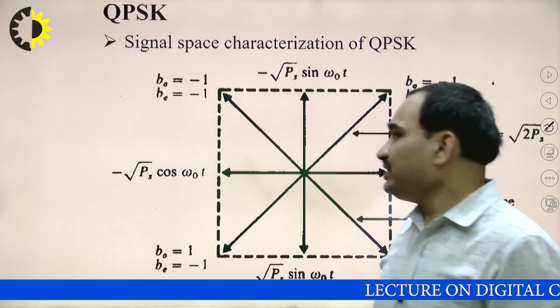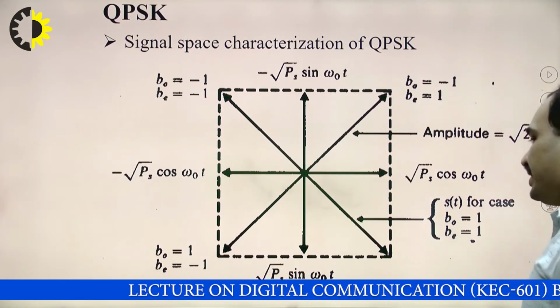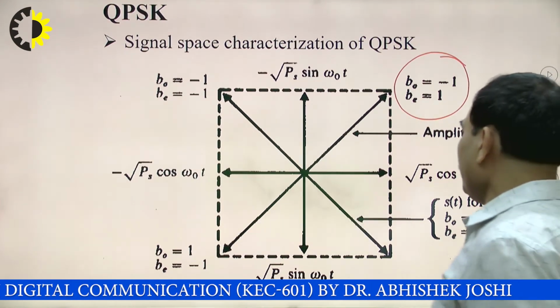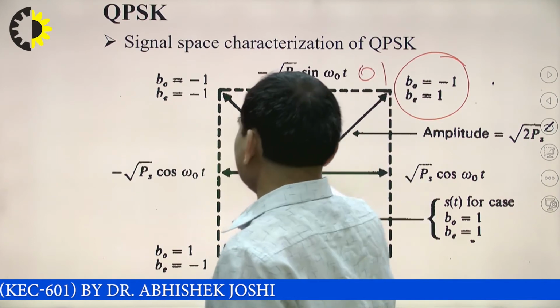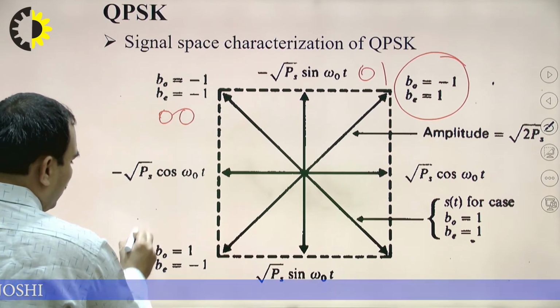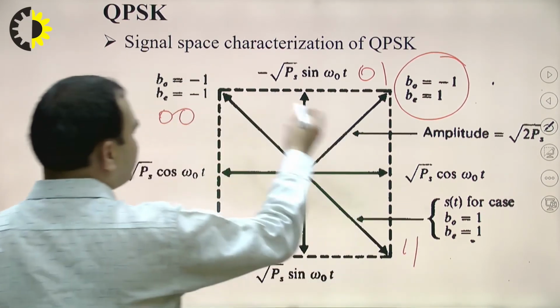So the signal space, the same we have represented in terms of the odd and the even bits. So here we have odd bit is -1, even bit is +1. So these you can write as 0, 1. This is symbol 0, 0. This is symbol 1, 0, and this is symbol 1, 1. So these can be switched.